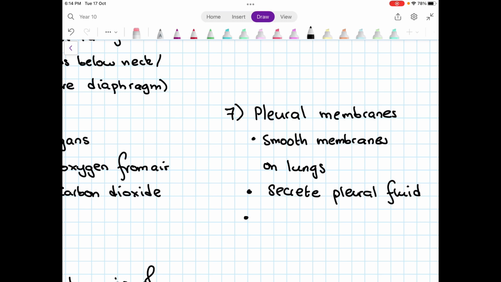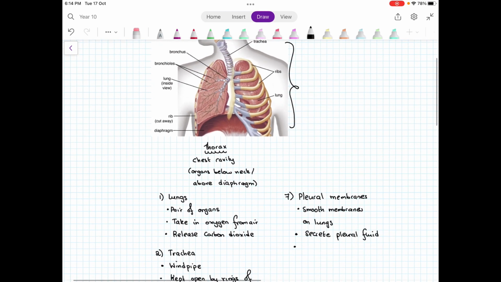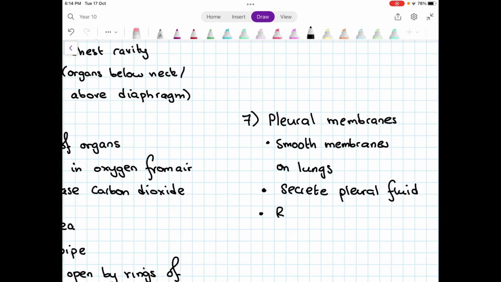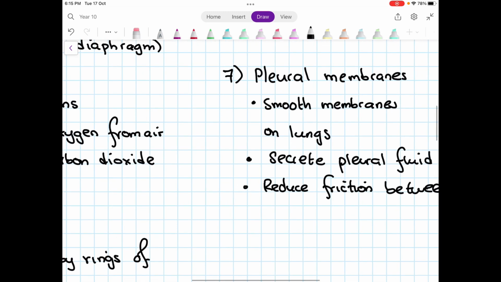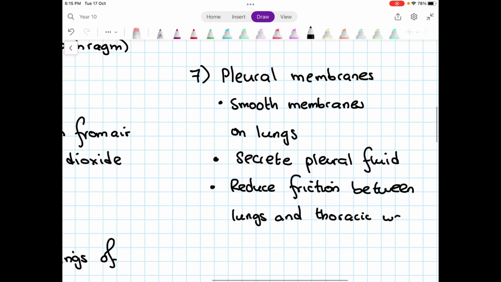The pleural fluid helps reduce friction so that the lungs and the wall of the thorax can move over each other. So it reduces friction between the lungs and thoracic wall.